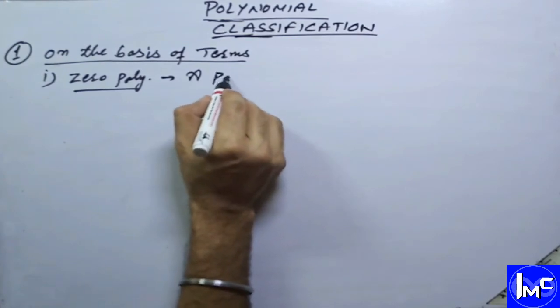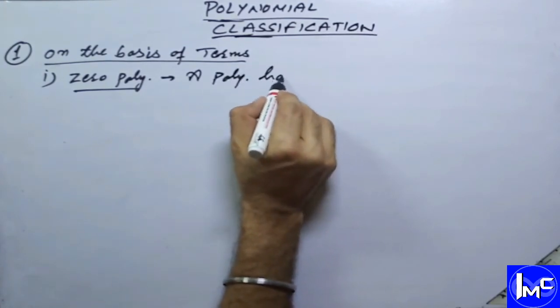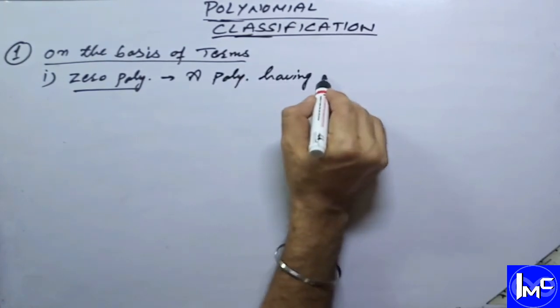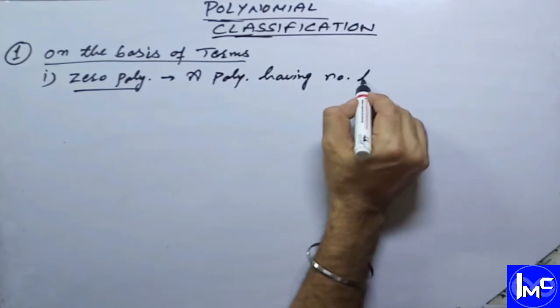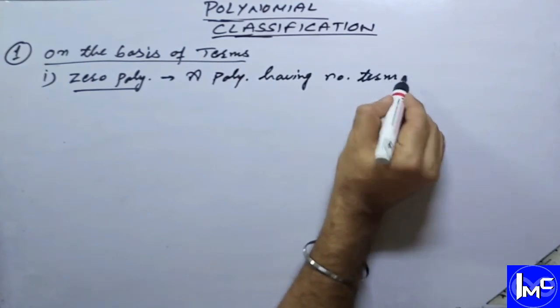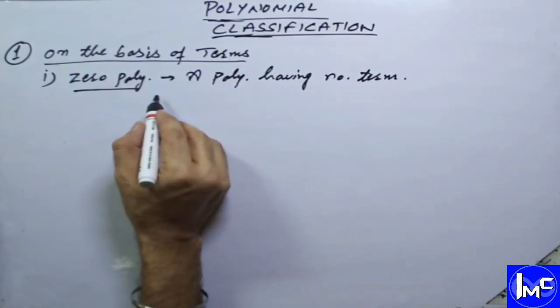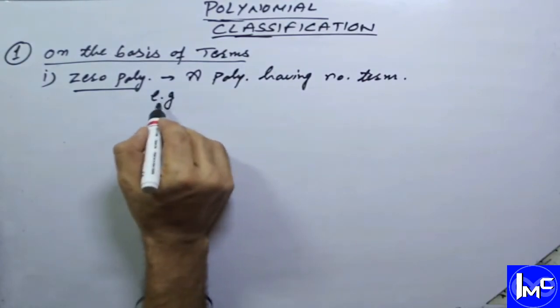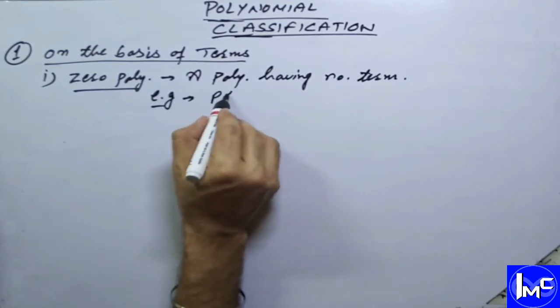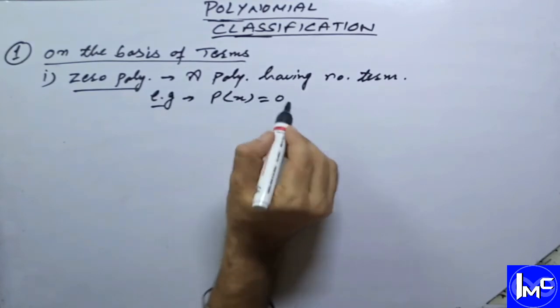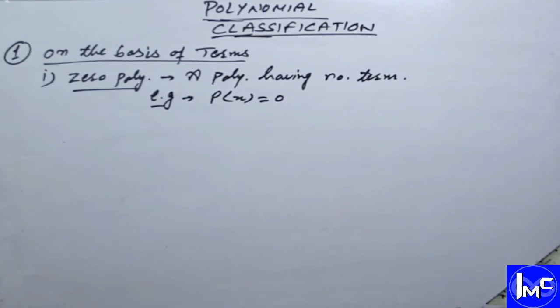A polynomial having no term. For example, p(x) is equal to 0. There is no term.